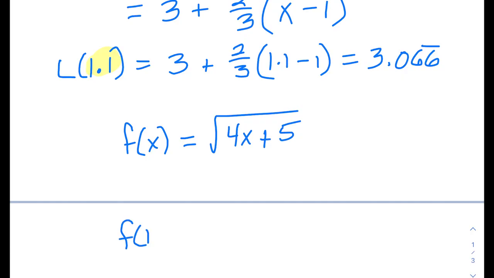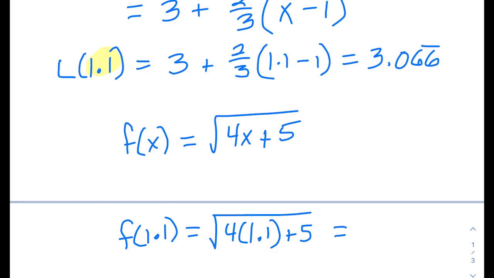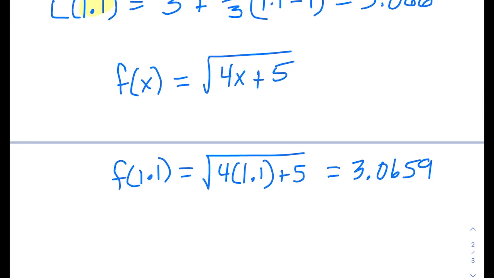So f of 1.1 will give us the square root of 4 times 1.1 plus 5. And again, we can use a little bit of calculator assistance here, but when we do the math on that, that comes out to the square root of 9.4, which is going to be 3.0659.